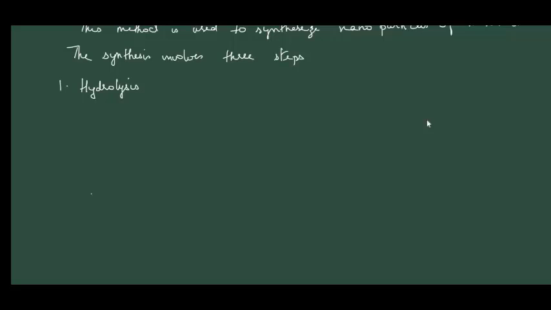So we can represent the metal alkoxide as MOR, where R is any alkyl group. Now this is taken in a solution form and this reacts with water. Reaction with water is called hydrolysis. And when it reacts with water, it forms metal hydroxide MOH plus ROH.